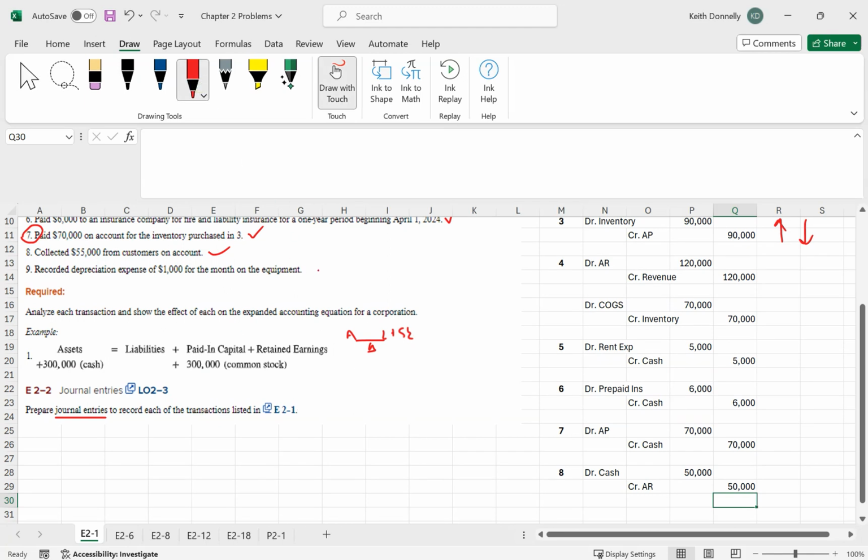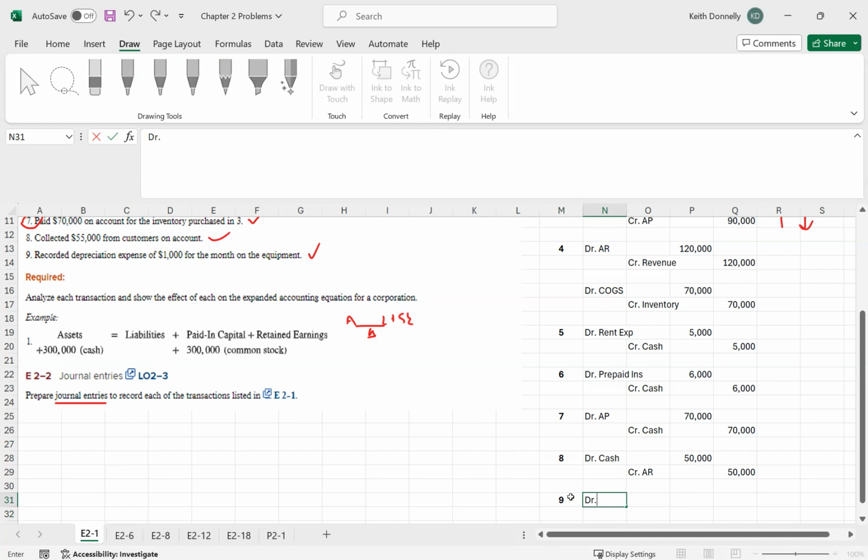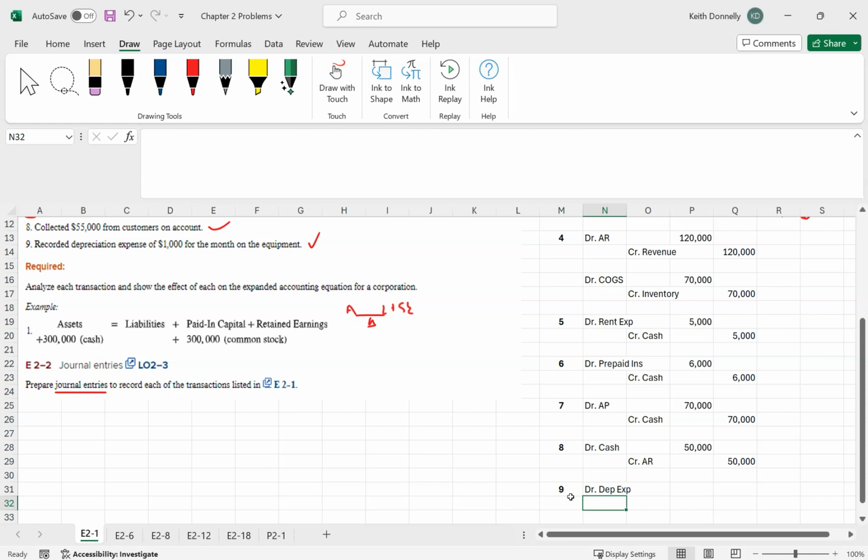That's great. For 9, we recorded depreciation expense of $1,000 for the month. So debit depreciation expense $1,000, and then credit accumulated depreciation $1,000.